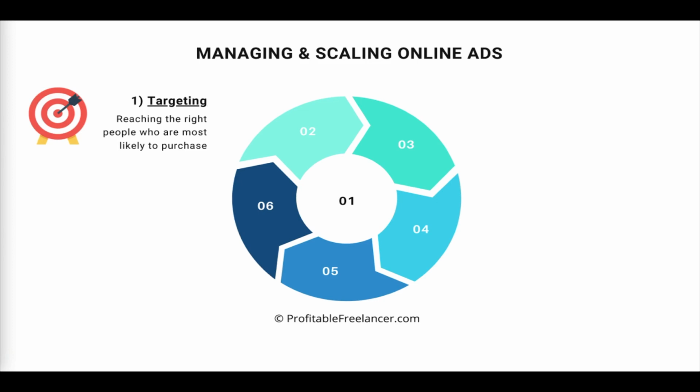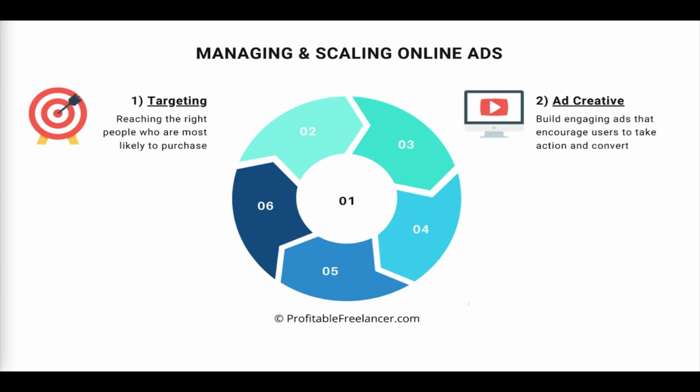The first step in the process is to establish and set up the targeting for the campaign. This means that you are reaching the right people who are most likely to purchase based on whatever business you are promoting. The next step to managing and scaling is to work on building the ad creatives.